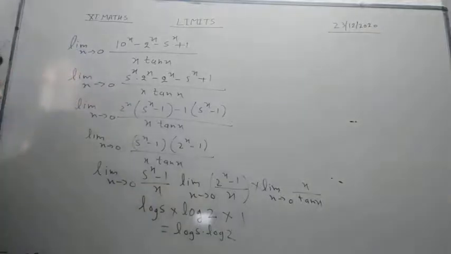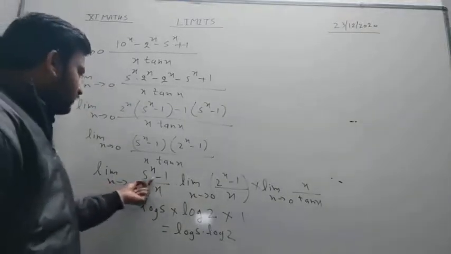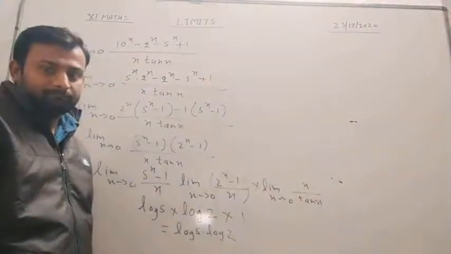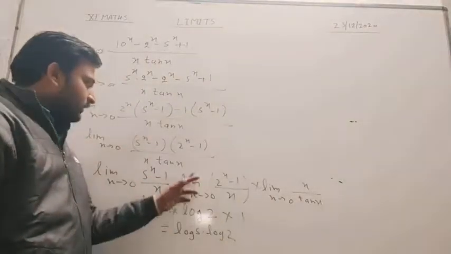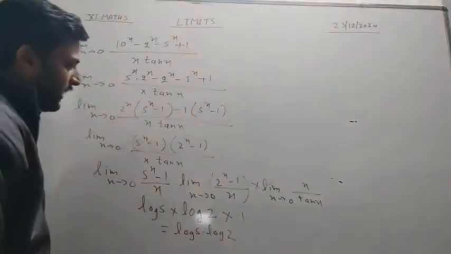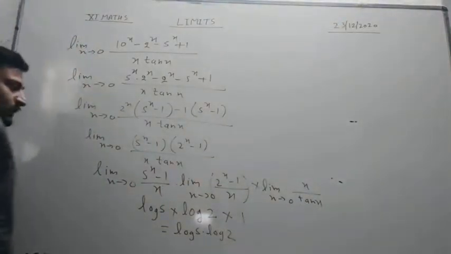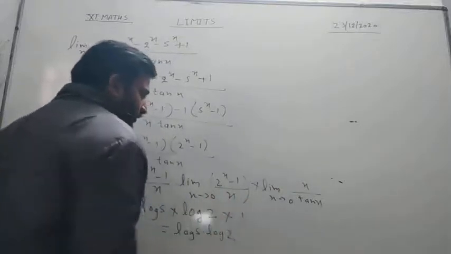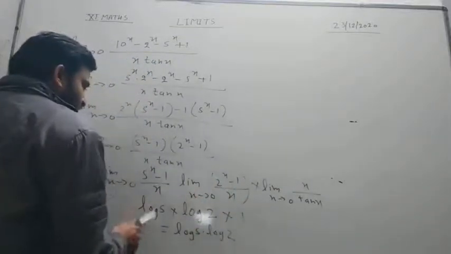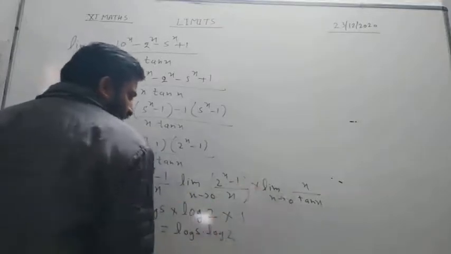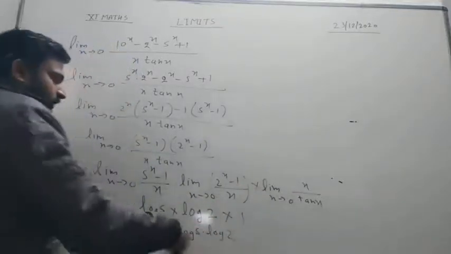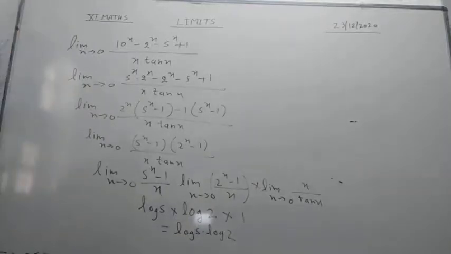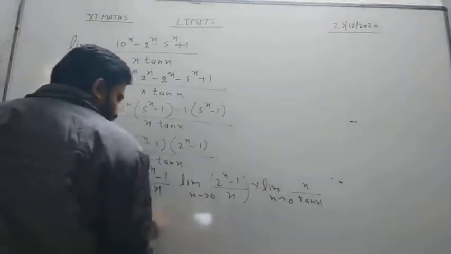Now we are separating it. We can write limit x tends to 0, (5^x − 1)/x, and limit x tends to 0, (2^x − 1)/x, and x/tan x, taking limit again. This term will be log 2, this term will be log 5 and this term will be equal to 1, and this will be log 5 into log 2. I hope you understand. Now we see next question.